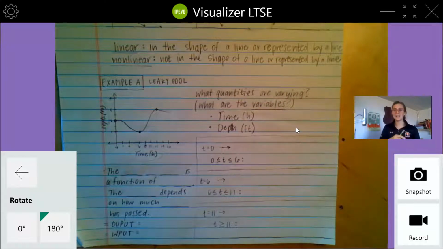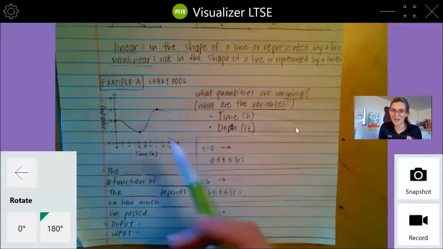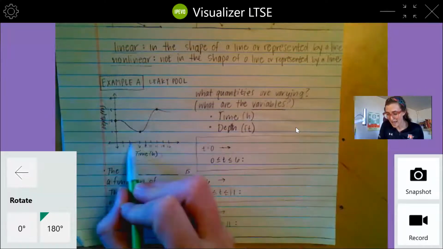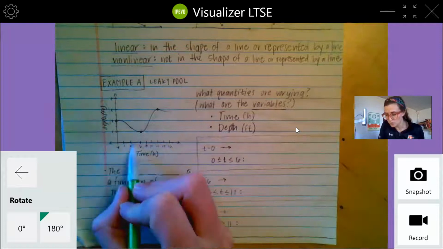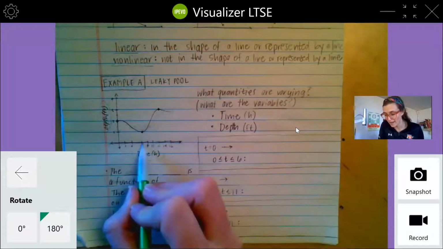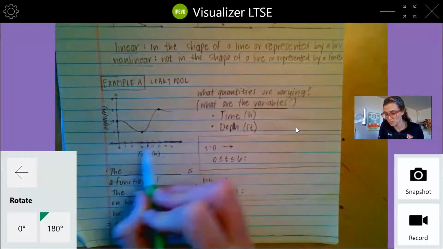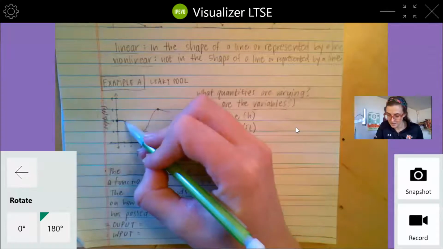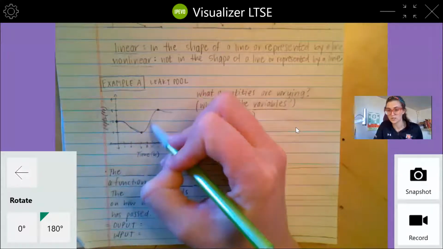Because it varies with the amount of time that's passing. Okay, so as time passes, and I'm specifically looking at this graph, right? As time passes, that means as we move to the right on our horizontal axis, as we move through time, the depth of the pool is changing.